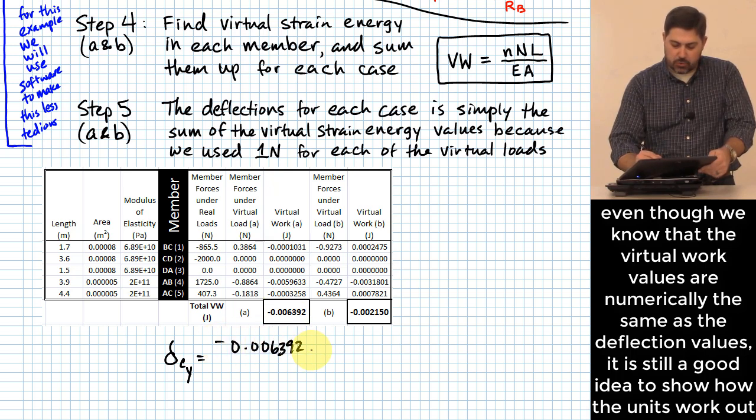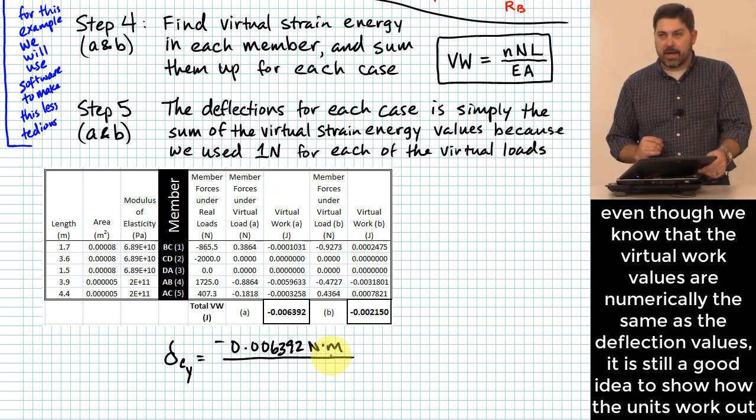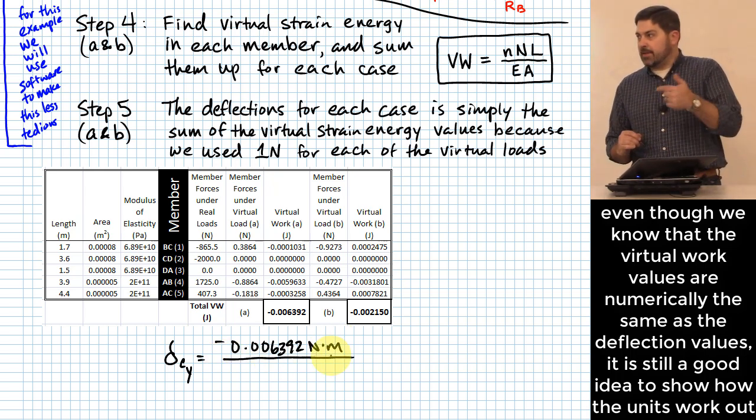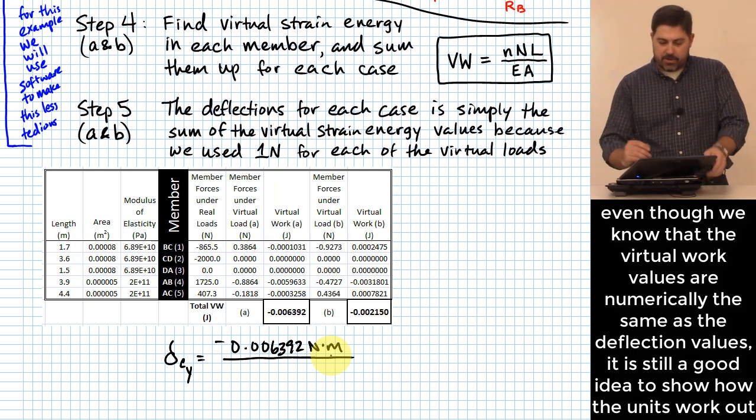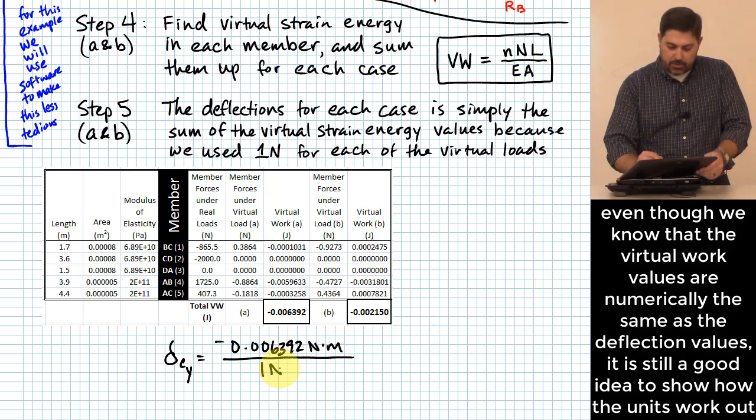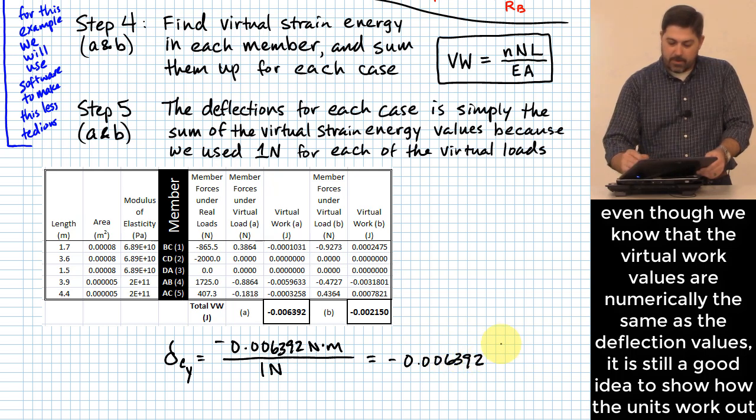This is in joules or Newton meters, and I divide by the amount of load that I had to apply to the structure to get that internal virtual strain energy. That amount of load was 1 Newton, and therefore this turns out to be negative 0.006392 meters.